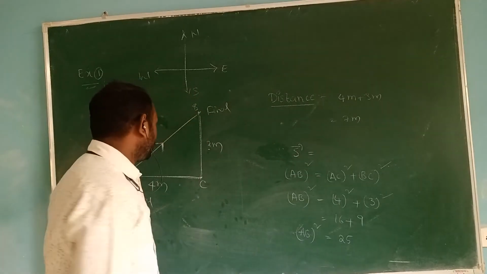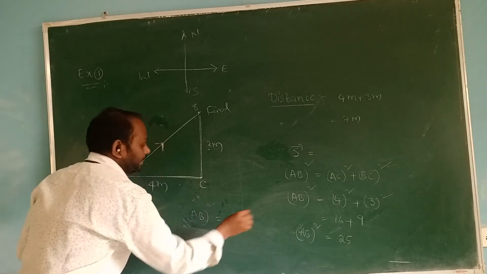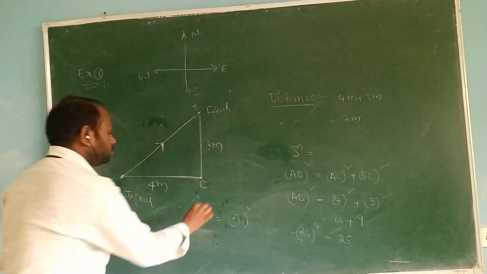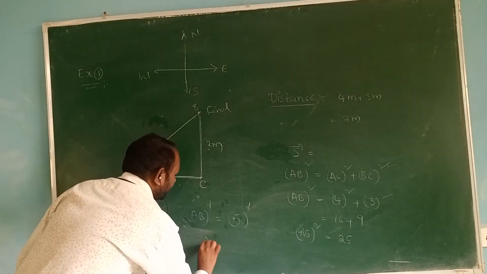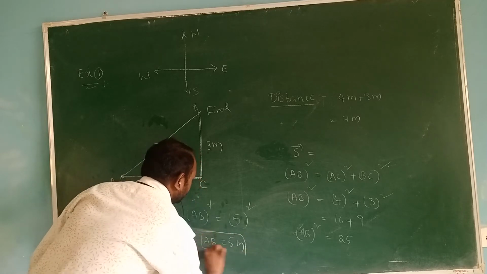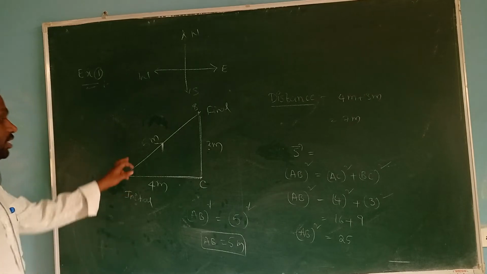How to write 25? AB square equals 5 squared, 5 into 5 is 25. The squares cancel. Finally, AB is equal to 5 meters. That is the displacement.